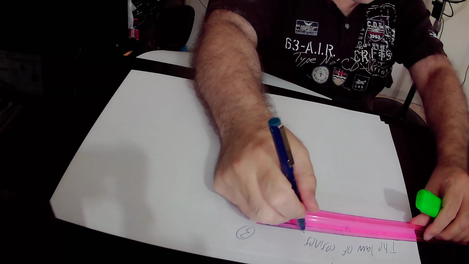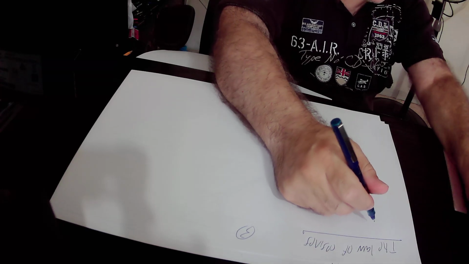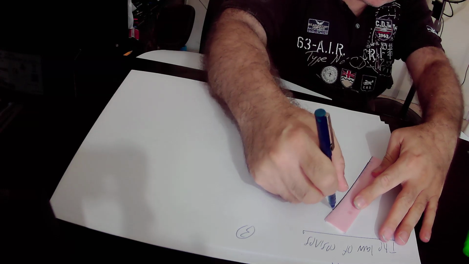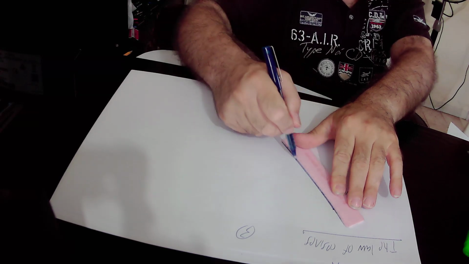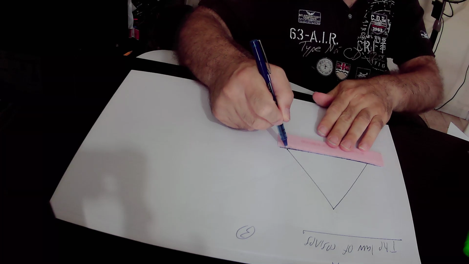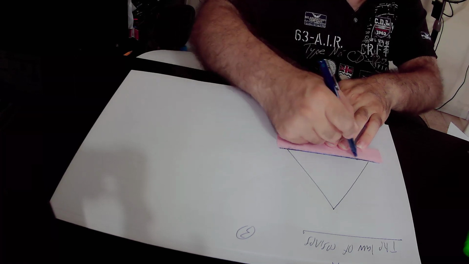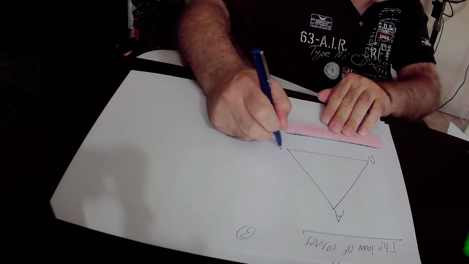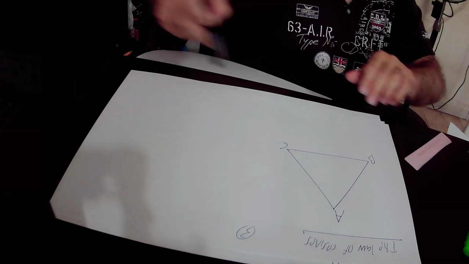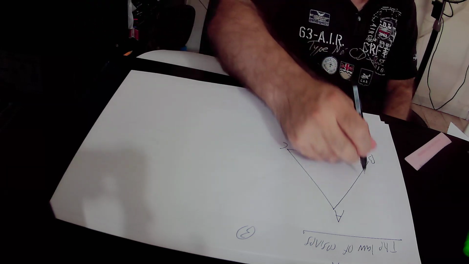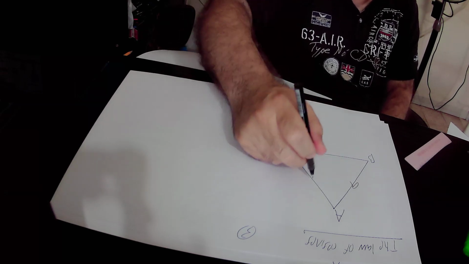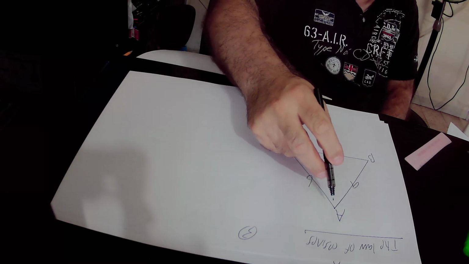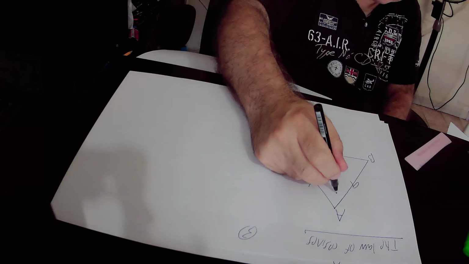So we have here a triangle ABC that could be any triangle. This is triangle ABC. And we know that the length of side AB is equal to A units, the length of side AC equals B units, and the side BC equals C units in its length, and the angle between side AB and side AC is theta.